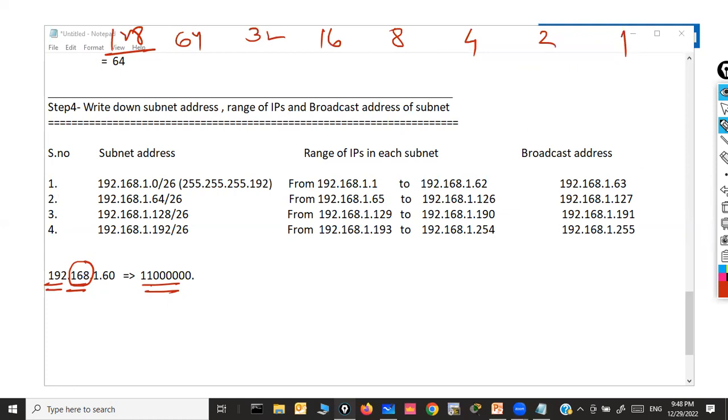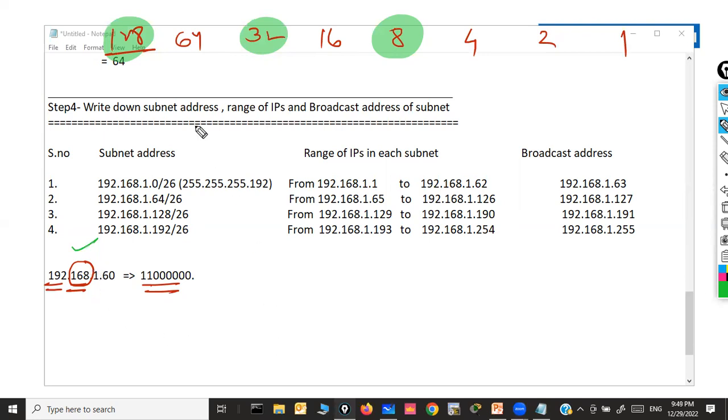So if we take 128 from here and 32 again here, then 128 plus 32 means 160, and then 8. So after adding these three, 128, 32, and 8, we get 168.